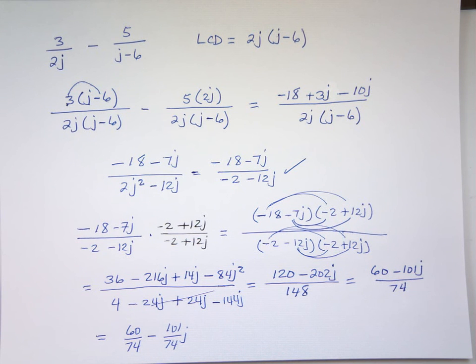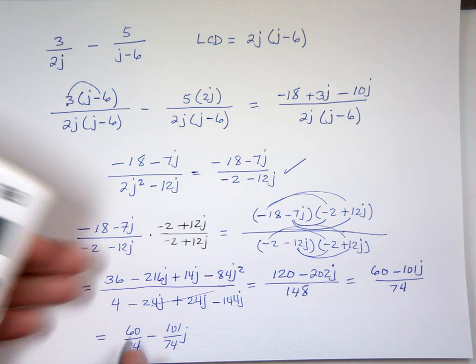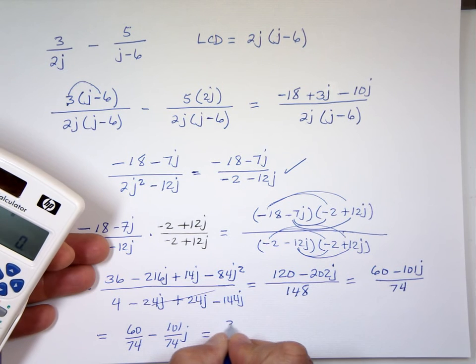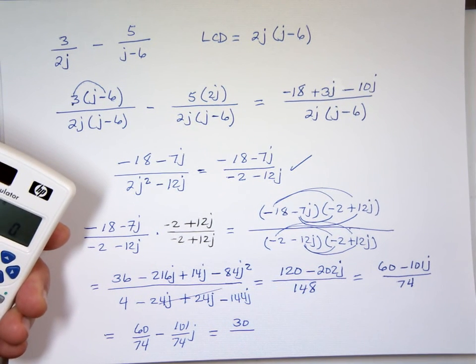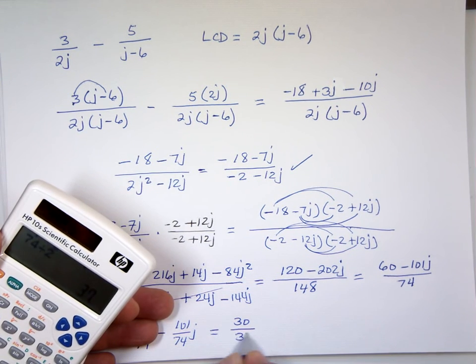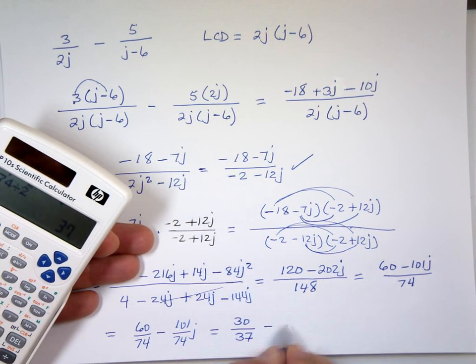The 60 over 74, we might be able to divide that by 2. I don't know if you can divide it by 4. Can you divide 74 by 4? Nope. So if you divide this by 2, you'll have what? 30 over 37 minus 101 over 74j.